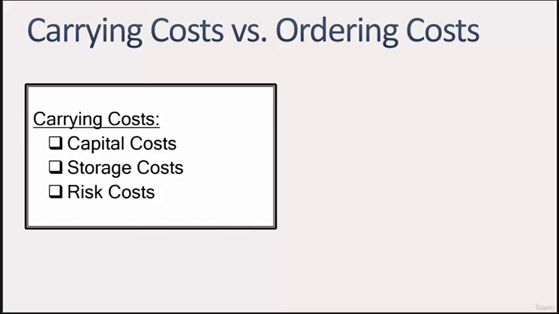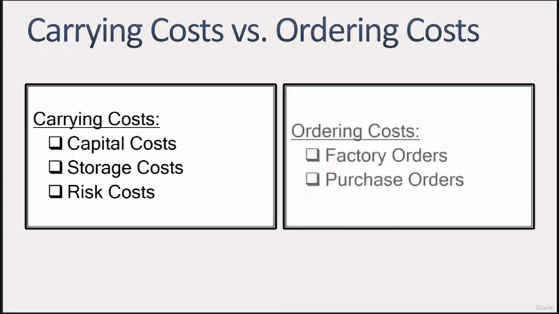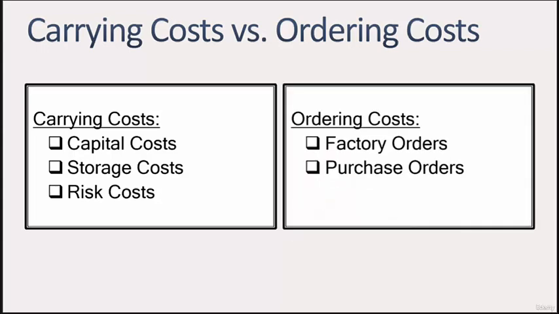You can choose to order large quantities and order less often, but you'll incur the costs of capital, storage, and risk. Alternatively, you can choose to order smaller quantities, but you'll need to order more often. In this case, you'll save on inventory carrying costs, but you'll incur another range of costs, referred to as ordering costs.